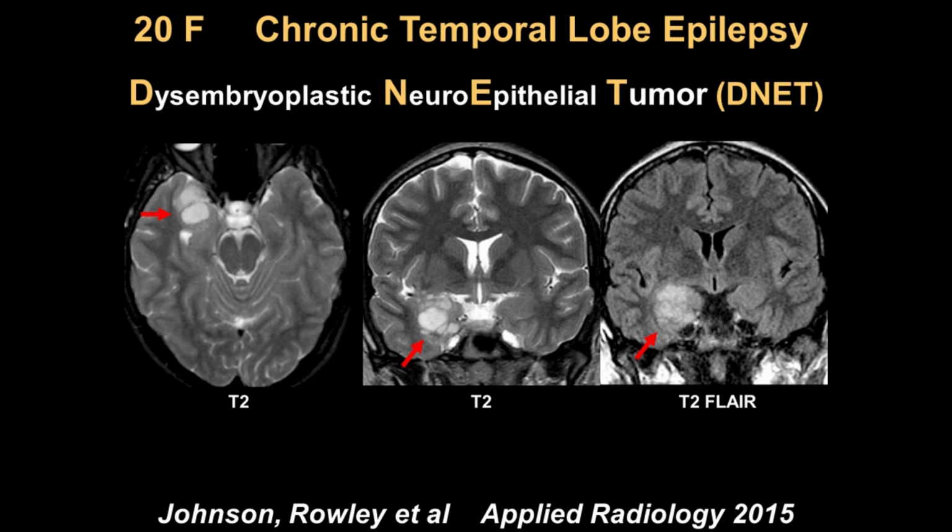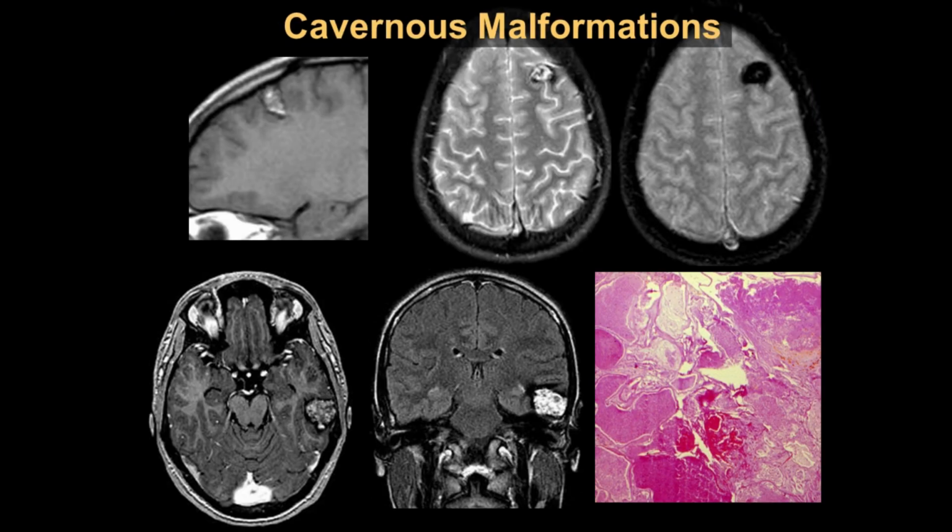They're surgically curable, and they have a characteristic soap bubble-like cystic cavity pattern, especially on T1s and T2s. So this is actually a good lesion to have. It's surgically curable and will also take care of these seizures. It can be either mesial temporal, as in this case, or anywhere out in the cortex.